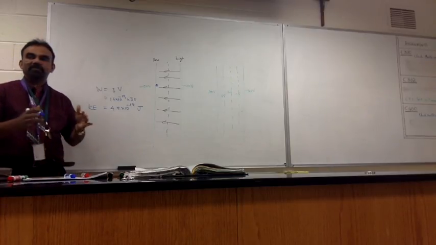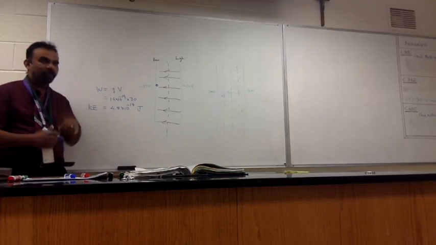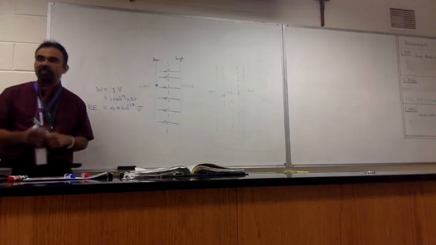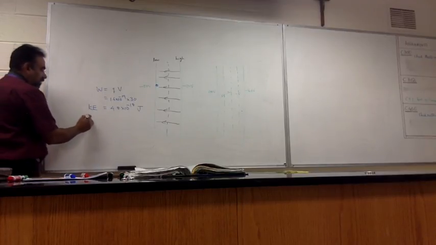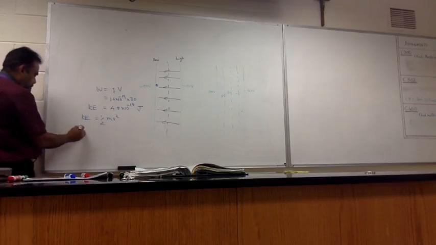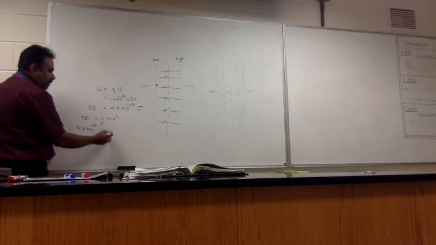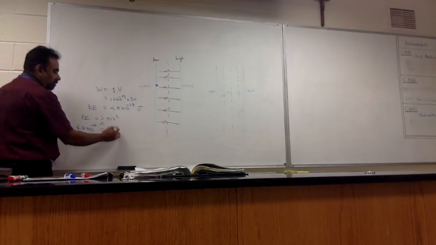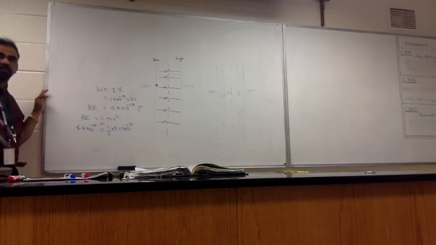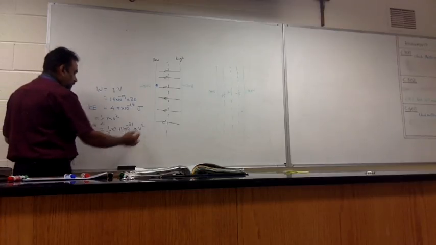So what do you do now? Equate this to what? Half m v squared, because you know the kinetic energy formula is half m v squared. So you have 4.8 times 10 to the power of negative 18 is equal to half times 9.11 times 10 to the power negative 31, that is the mass of the electron, times v squared.